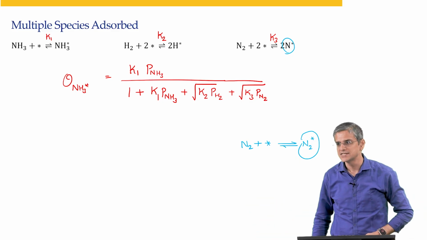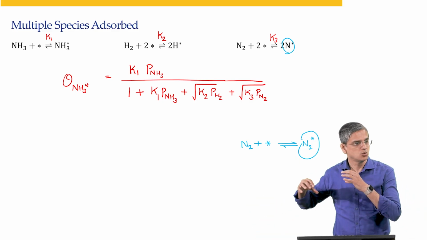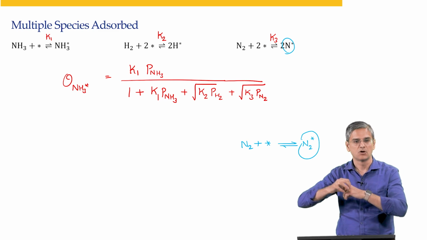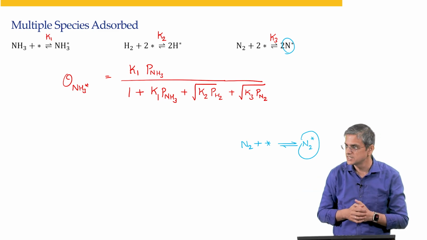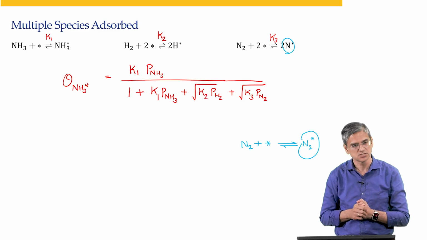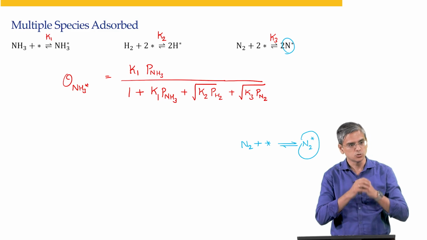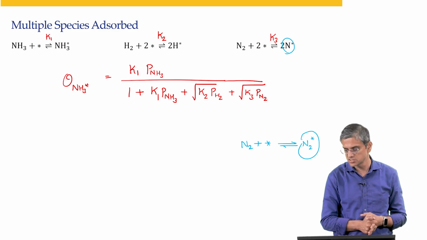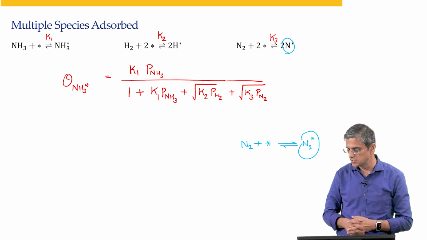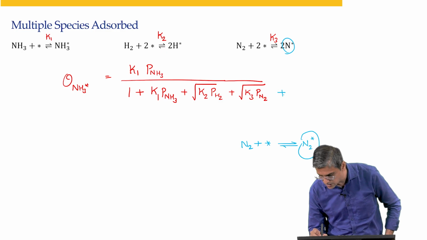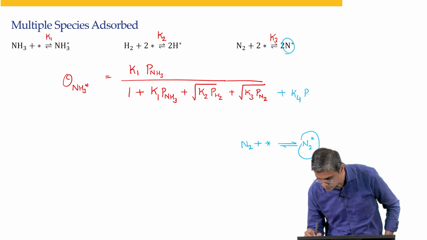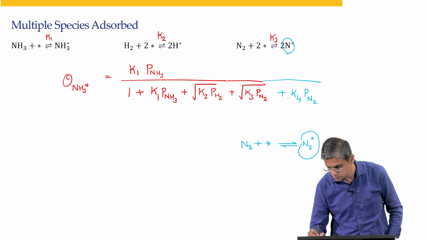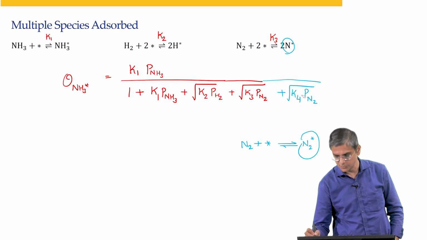The second, the blue example, is where N2 has not dissociated and a molecular nitrogen, or as chemists will say, a dinitrogen species is sitting on the surface. There are two different species sitting on the surface. If there are two different species sitting on the surface, that additional term will come in and that term will become K4 PN2, no square root.